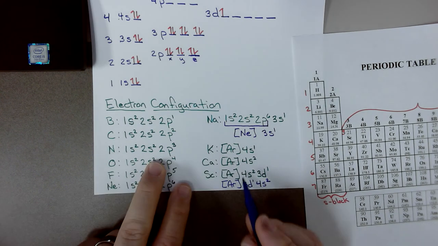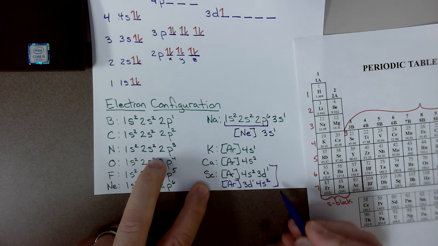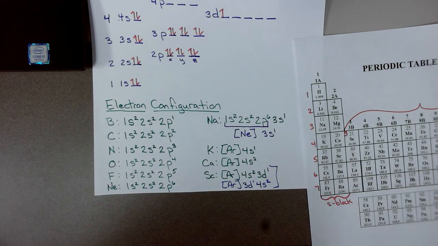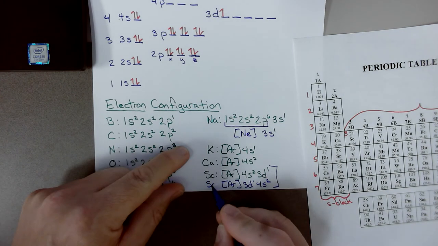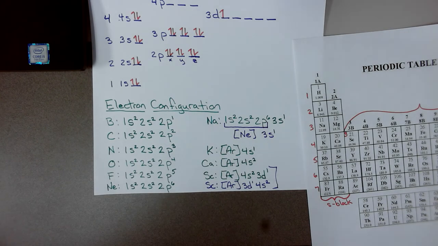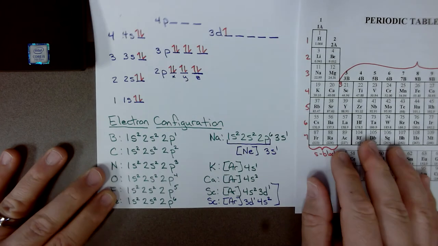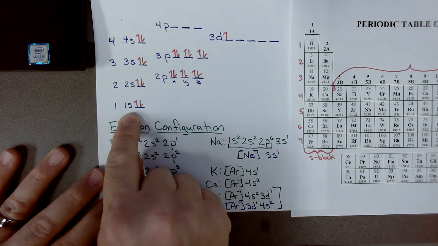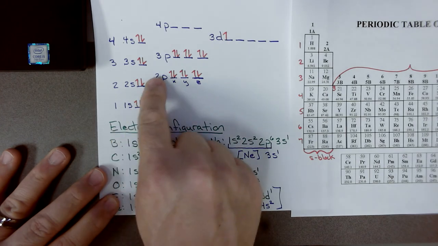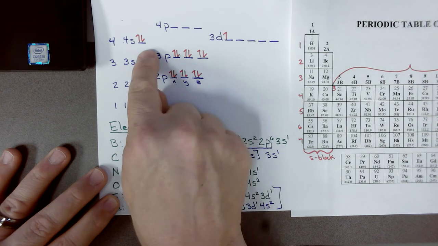So either way is correct for scandium. So that's how the electron configurations work with the Aufbau diagram and filling in orbitals in order of energy, the lowest energy to highest energy.